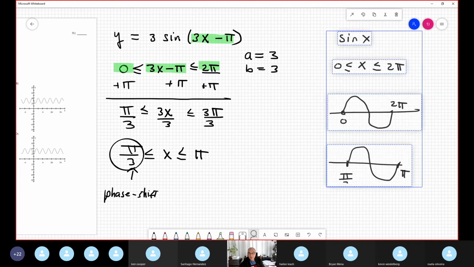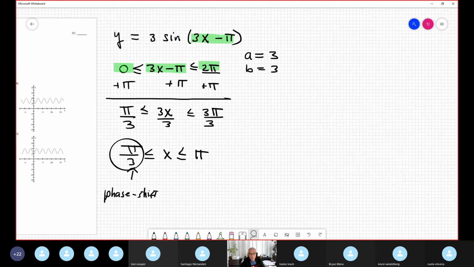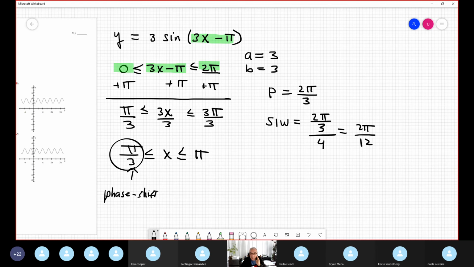Now, I forgot the important part, the period. The period is equal to 2 pi over b, and b is 3 in our example. The subinterval width is the period divided by 4, so 2 pi over 3 divided by 4 is 2 pi over 12, which is pi over 6.